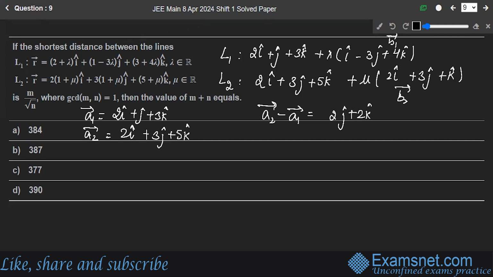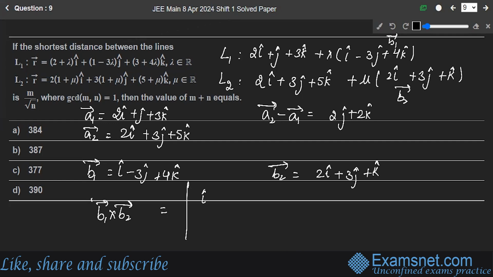Similarly, this is your B1 and this is B2 vector. Correct. So let's write it over here. You have B1 as i minus 3j plus 4k, and B2 vector 2i plus 3j plus k. So what is the cross product of both of them? This is i, j, k; 1, minus 3, 4; 2, 3, and 1.